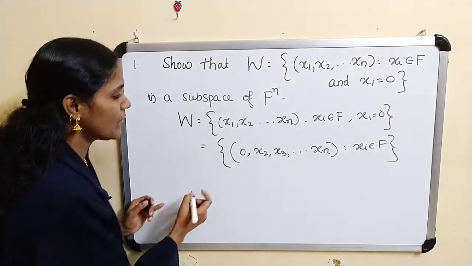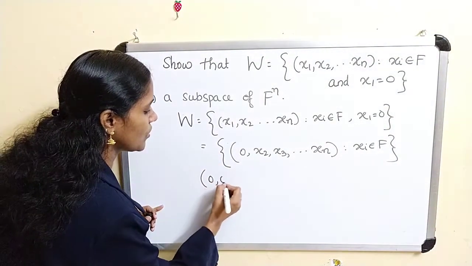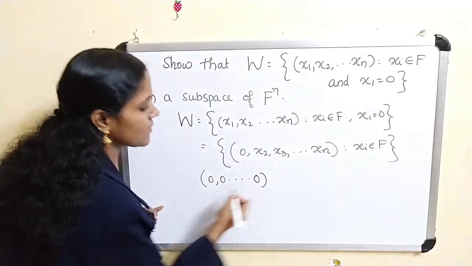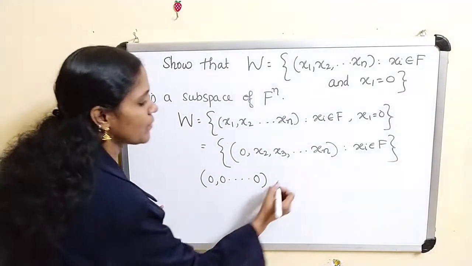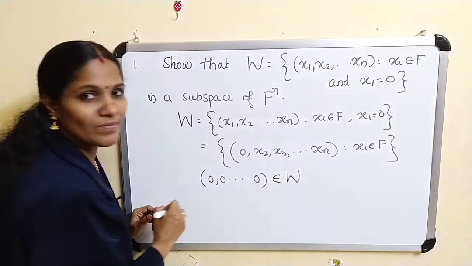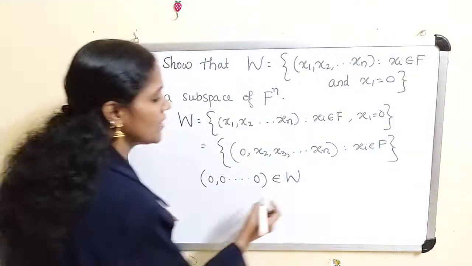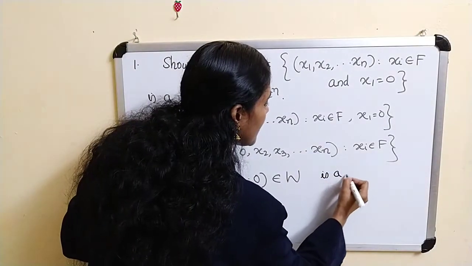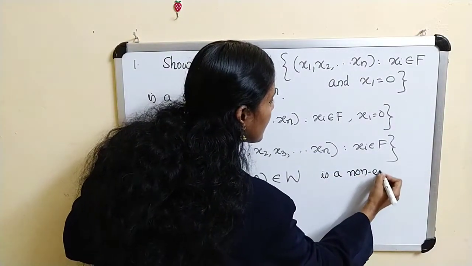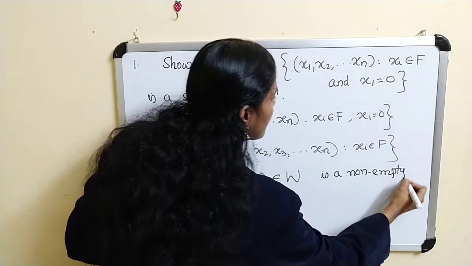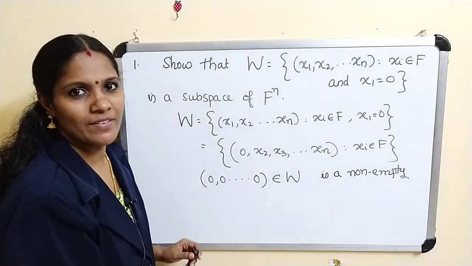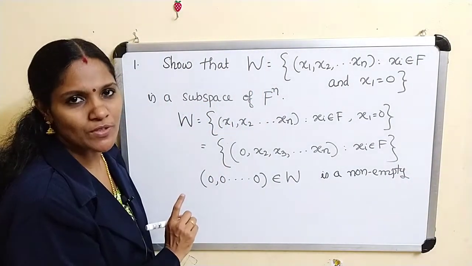If you consider the element (0, 0, ..., 0), all entries 0, clearly this belongs to W, and clearly this is a subset of Fn. So W is a non-empty subset of Fn.